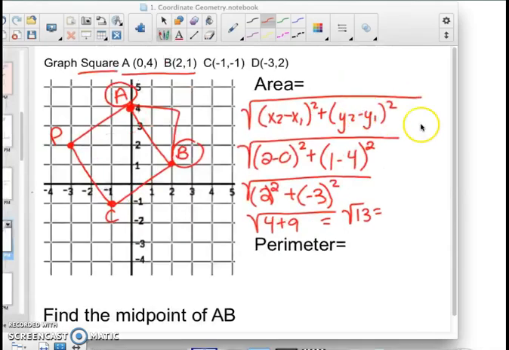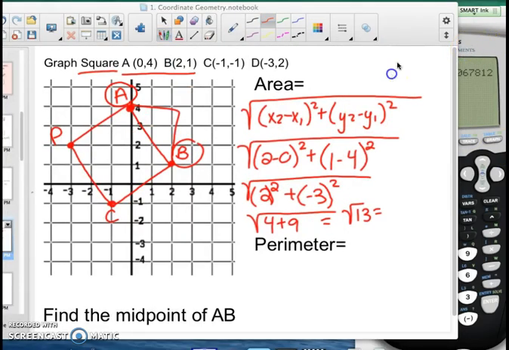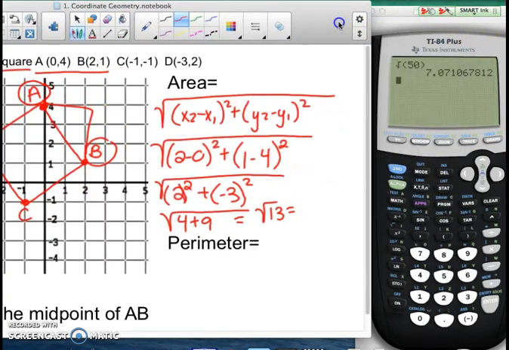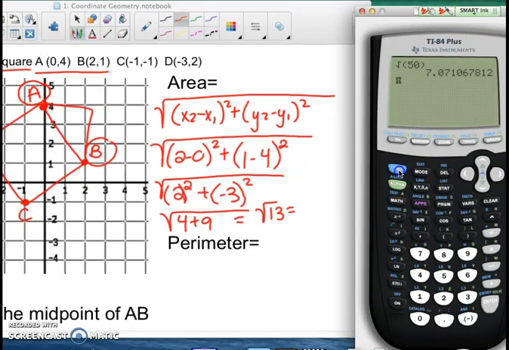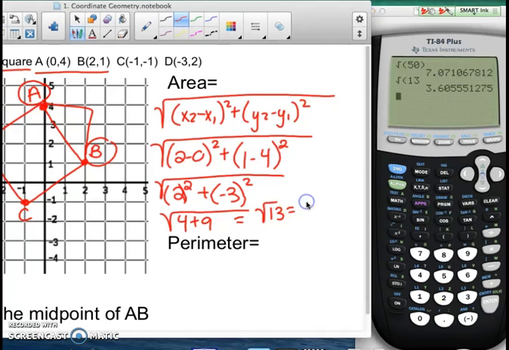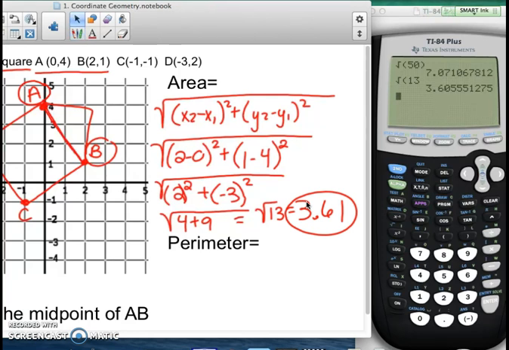So again, I'm going to type that in the calculator and round to the nearest hundredth, so 2 decimal places. The square root of 13 is going to be 3.61. Okay, so basically this diagonal side right there is going to be 3.61.